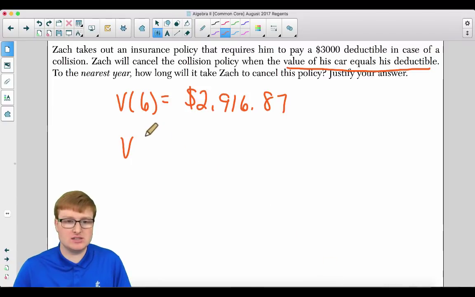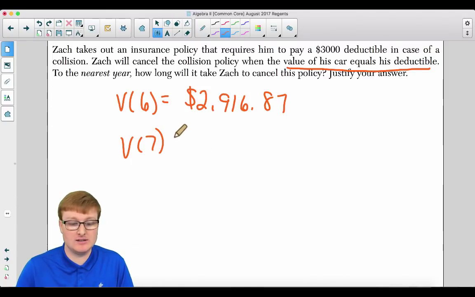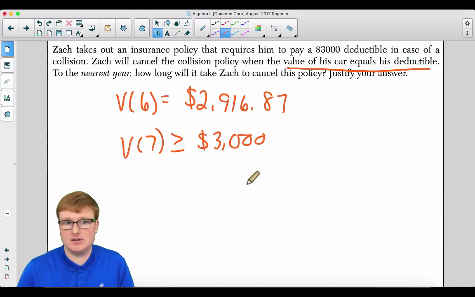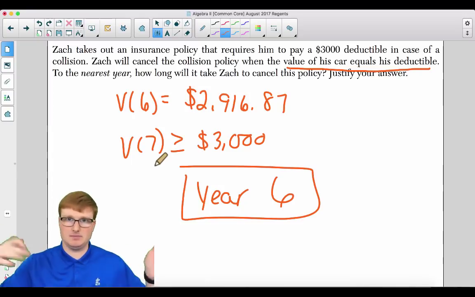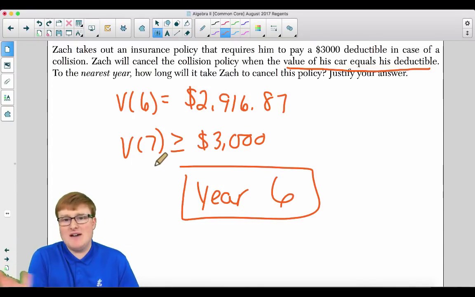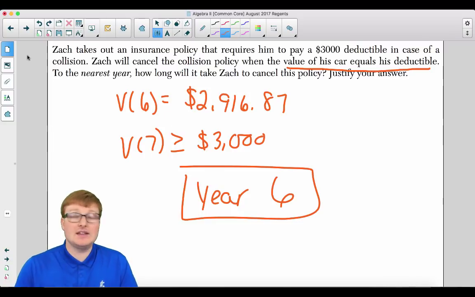So V of 7, as we just concluded, has to be greater than or equal to 3,000, and it's not, right? It's so not. So it's actually year 6 that he needs to cancel his policy. It just makes no sense after the 6th year to just start paying more money, or just to have the $3,000 deductible anyway. Even if he gets into a collision, it's not worth fixing his car, right? And that's how you do that question.